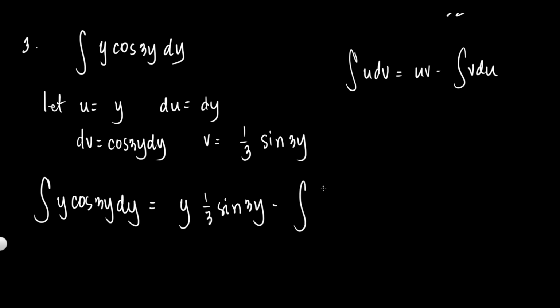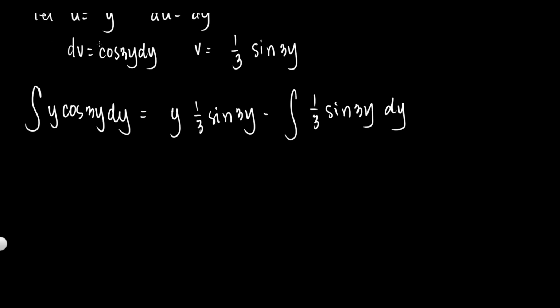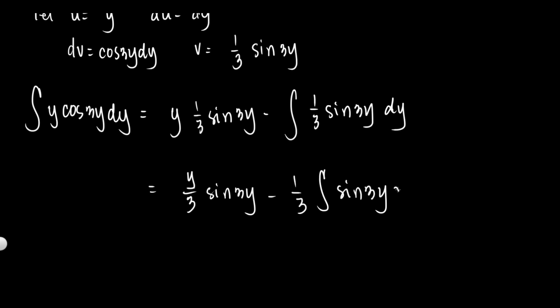Integral of v, 1/3 sine 3y. Okay, then du. Du is dy. Okay, there. So this is equal to y over 3 sine 3y. We take out the 1/3, then the integral of sine 3y dy.